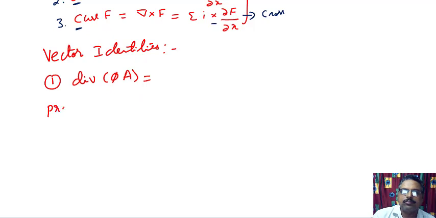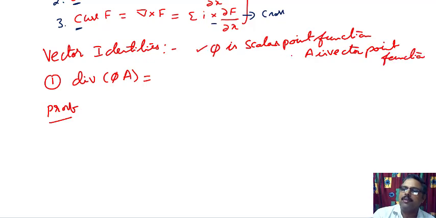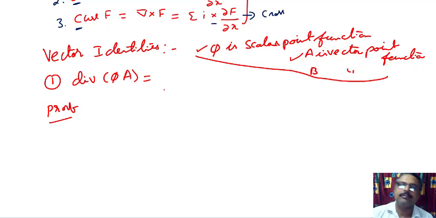A very important observation: phi is a scalar point function, and A is a vector point function. Now you should remember these two things. Phi means scalar point function, A means vector point function, B is also a vector point function. Then how to prove this result? I will explain this proof.